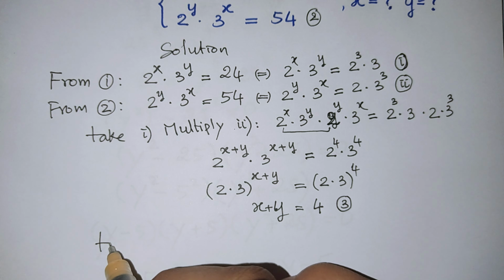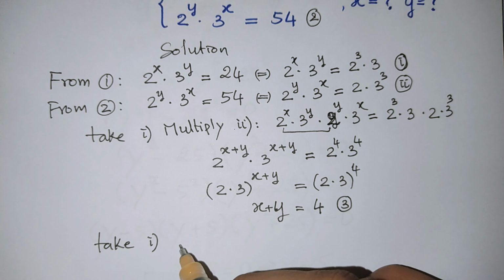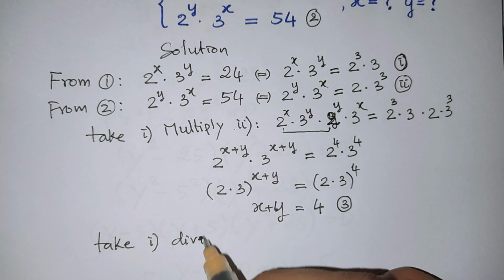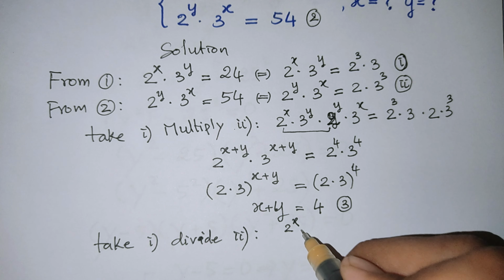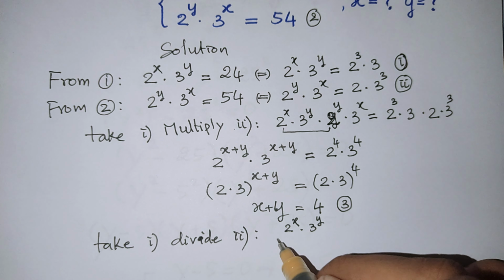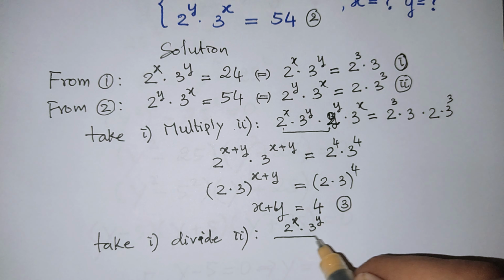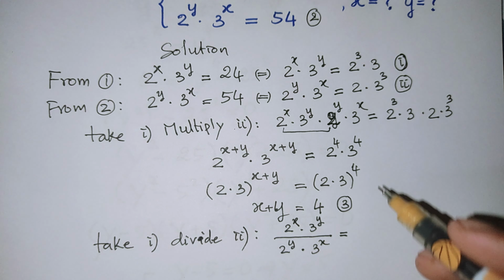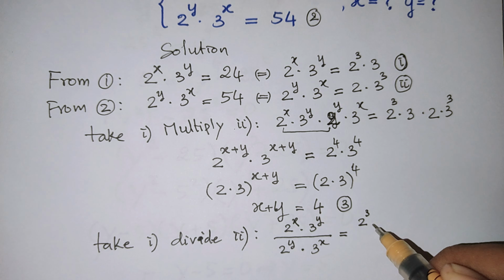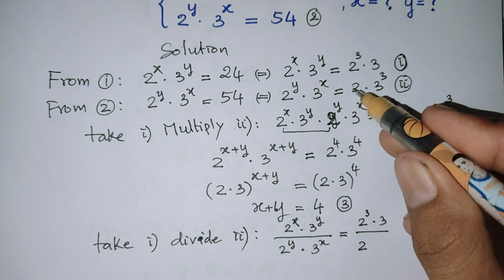So we get 2 power x times 3 power y divided by 2 power y times 3 power x equals 2 power 3 times 3 divided by 2 times 3 power 3.